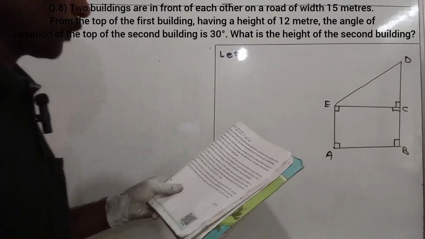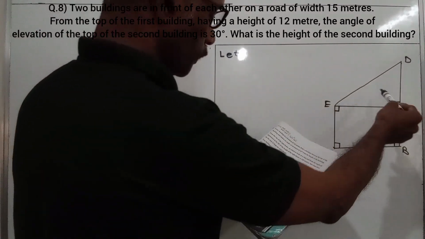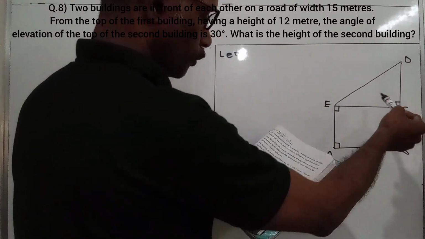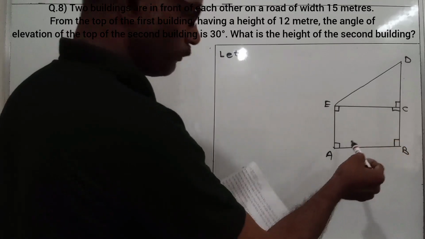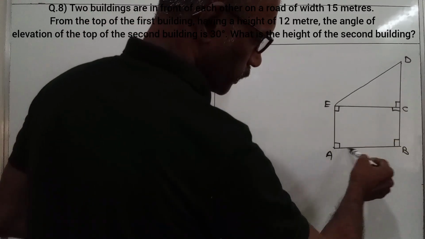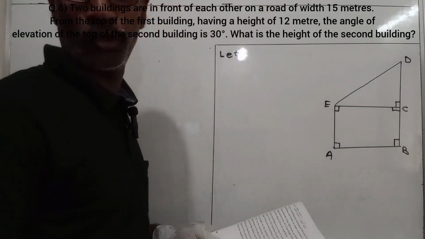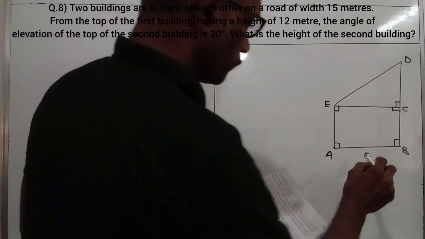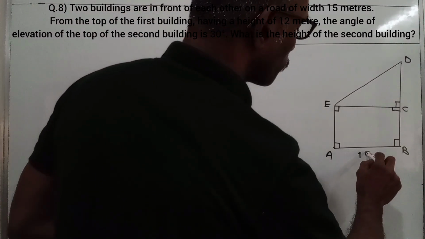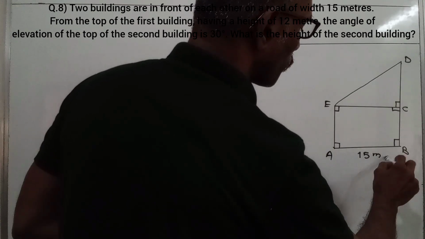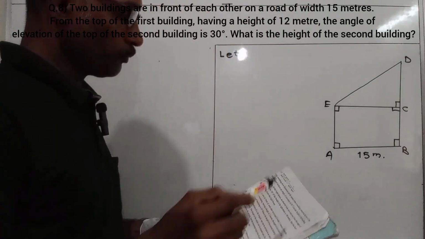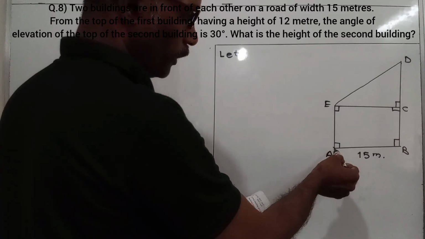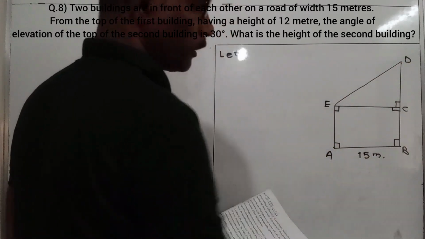Question number 8. Two buildings are in front of each other on a road of width 15 meters. See this. AB is the width of the road, and that is given as 15 meter. Okay. Now, this is the first building AE and this is the second building BD.